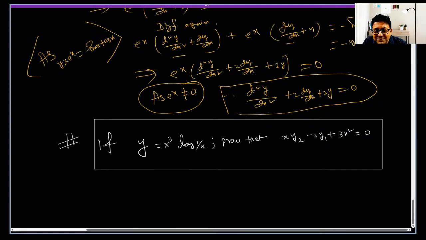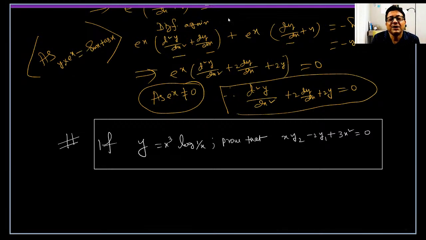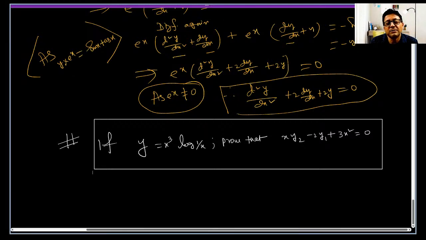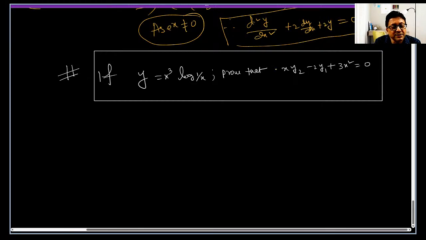Understand? If you have done it, then only you have understood. Try to understand what to do. The very first step will be not to keep the log 1 by x form. Apply the log property.